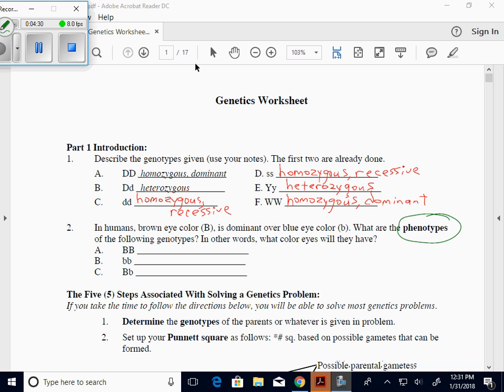So if I look at capital B, that is homozygous, that is dominant. So what is the phenotype of that person's eyes? Brown.